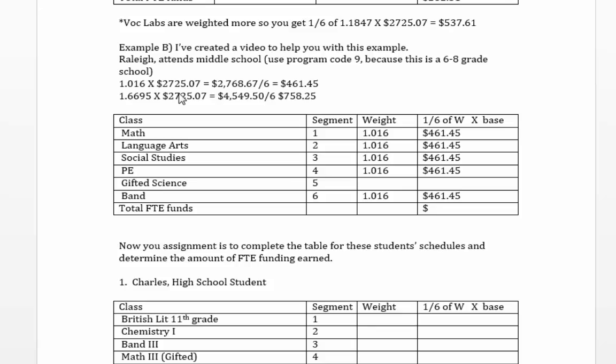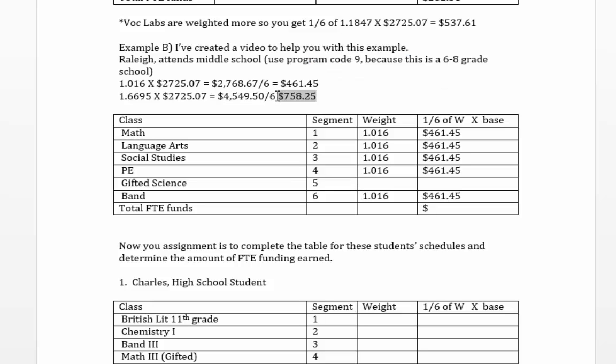Times the base amount that they're funding this year, 2725.07, gave us a total for if that student were to go the whole day in a gifted science class, this system would earn $4,549. But she only goes to the gifted class one segment, so I divided that by 6, and so that segment became 758.25.